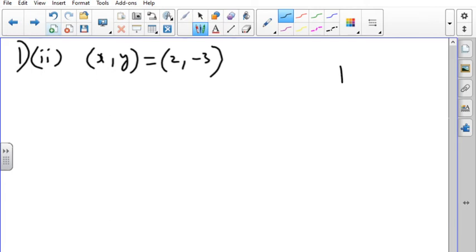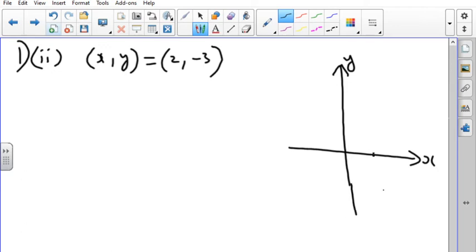This is the x axis and this is the y axis, and the point (2, -3) will be somewhere here.